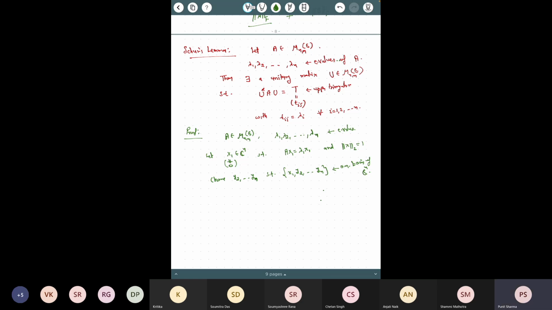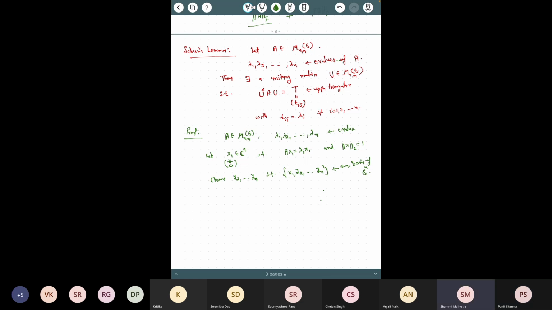Can I extend this x1 to an orthonormal basis of Cn? If yes, how to do that? How to get this y2 to yn?